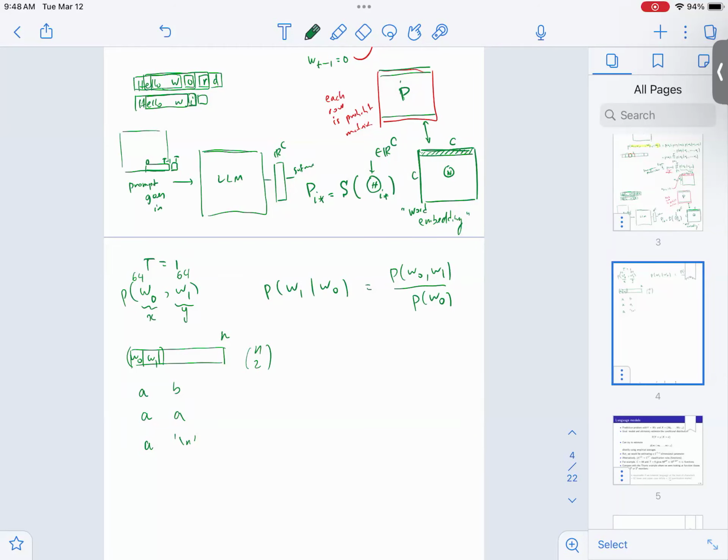We talked about before that the text is not like IID examples, but for any pair, say I want to predict this one, I treat all possible pairs as equivalent, even if they overlap.